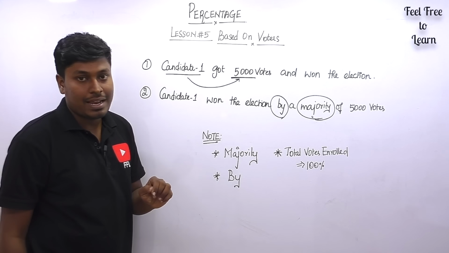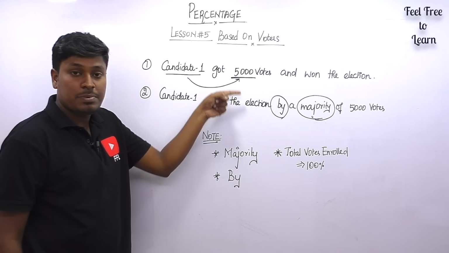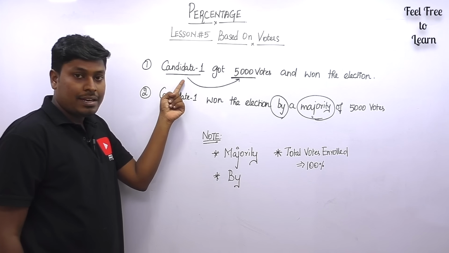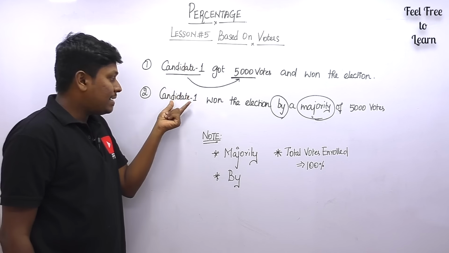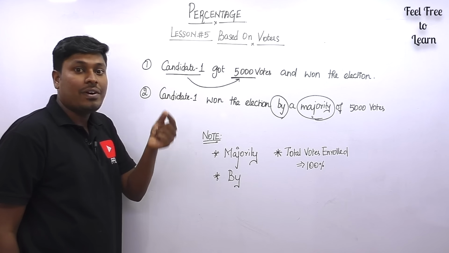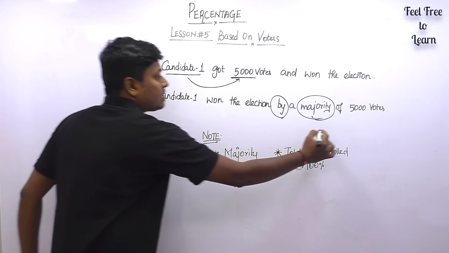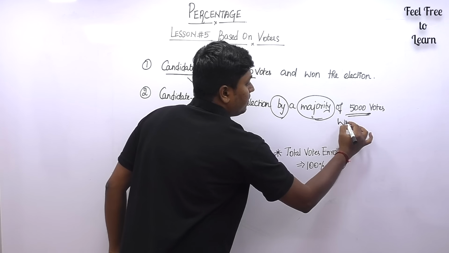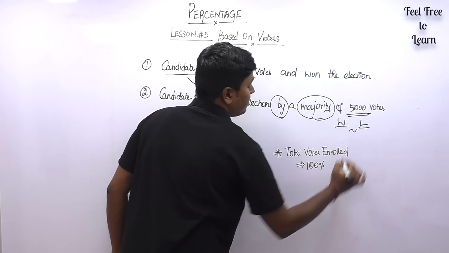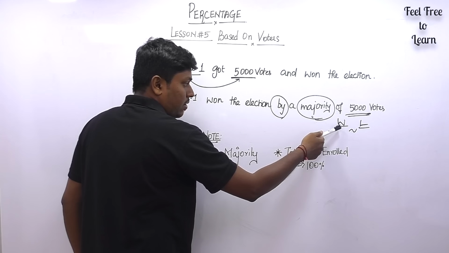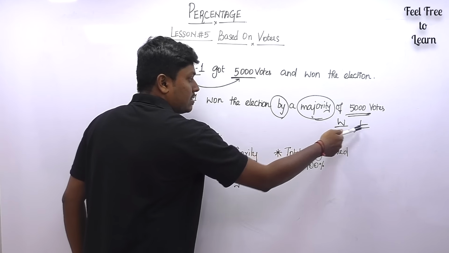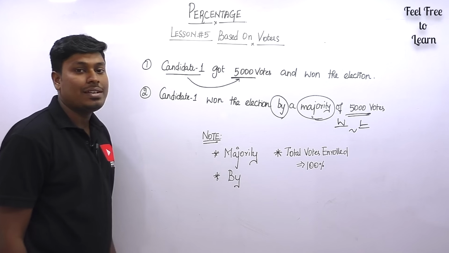Friends, got it? Can you see the difference between both points? In this point, candidate 1 got 5,000 votes, but in this point, candidate 1 got 5,000 votes more when compared to the other candidate, which means this 5,000 denotes the winner-loser difference.